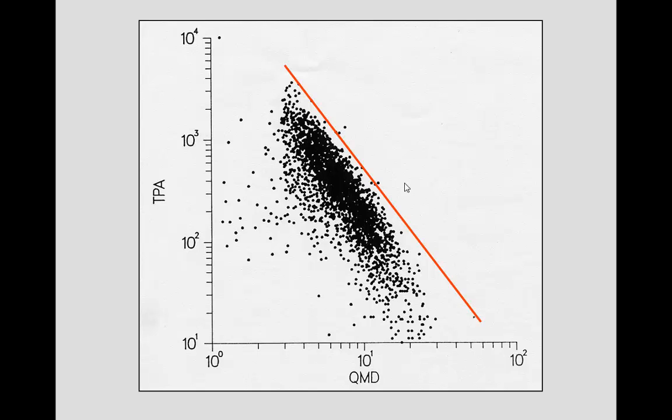Now, I've placed it here somewhat arbitrarily, and we can quibble about the placement. For example, you might say, well, why did you place it so far below this particular stand? And my response would be, well, based on my superior silvicultural insight, I think that may have been mismeasured.